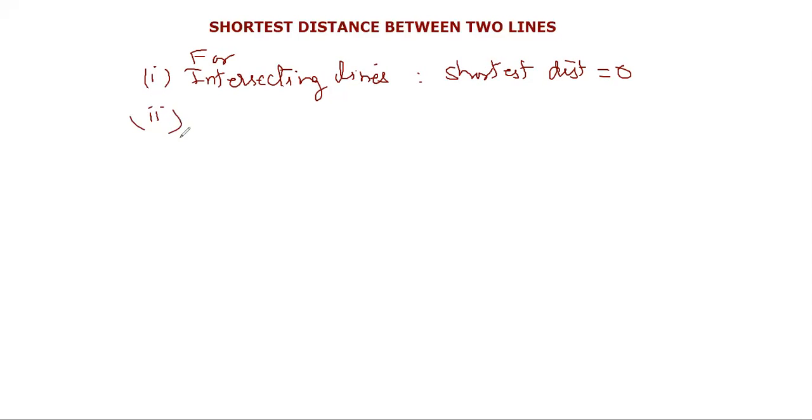Second thing is parallel lines. If two lines are parallel, suppose we have two parallel lines.